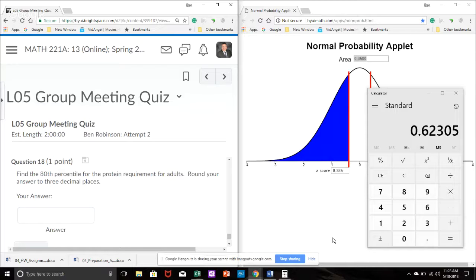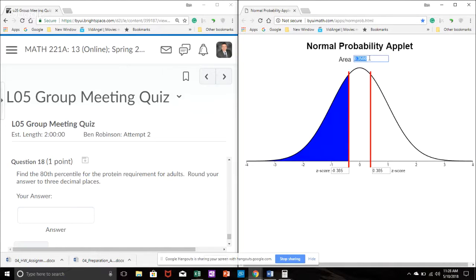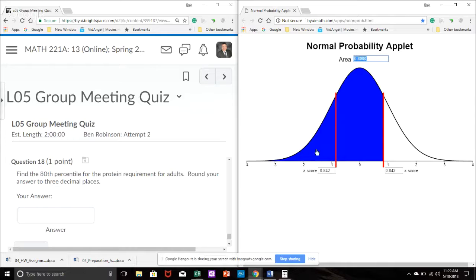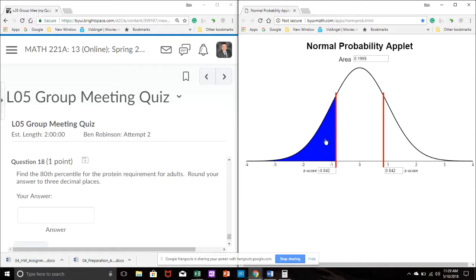Find the 80th percentile for the protein requirement for adults. Round your answer to decimals. So, okay, the z will be 0.80 right there. So we're gonna find x.